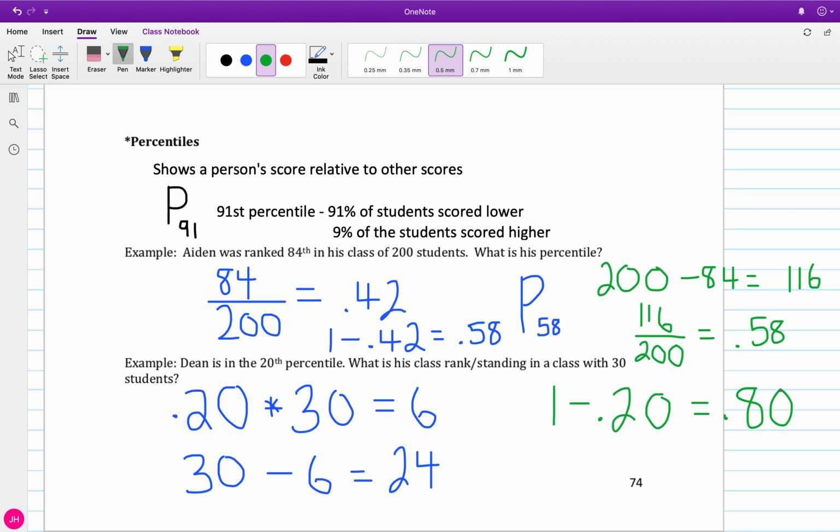That's going to tell me how many people are above Dean. 80% of the students are above Dean. So I'm going to take my 80% and I'm going to multiply by 30, and of course that's going to give me 24 again. So his ranking, either way we want to do it, his ranking is 24th.